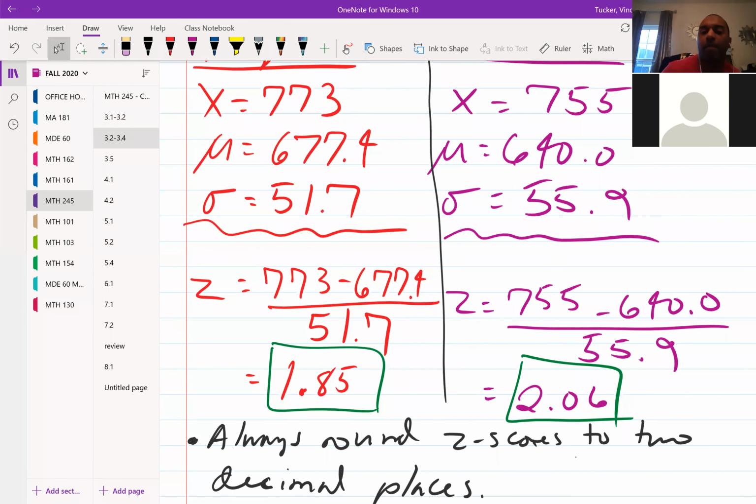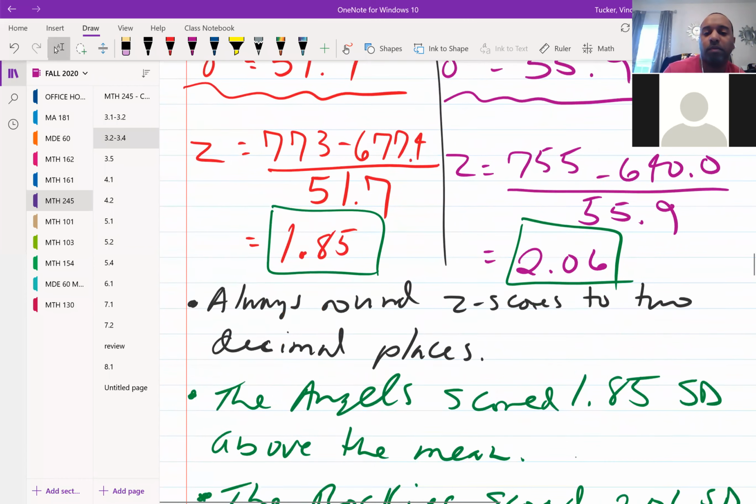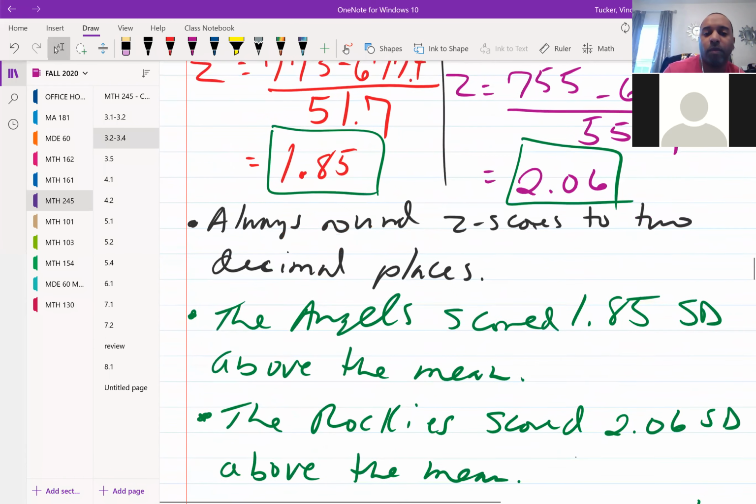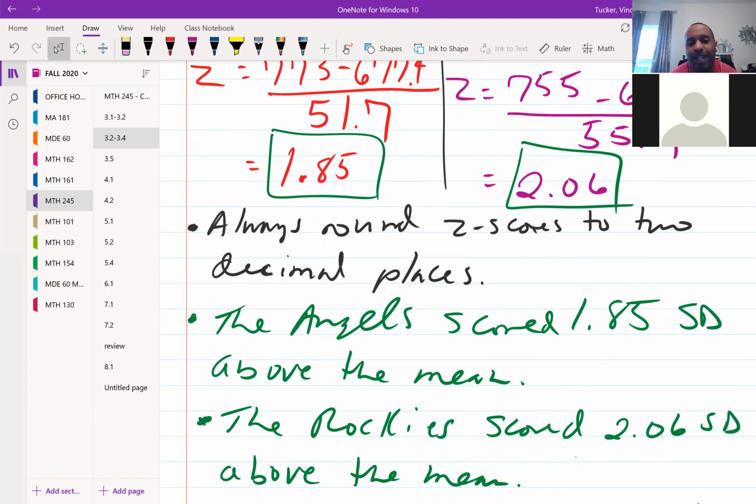All right. So what does that mean for us? So this means the Angels scored 1.85 standard deviations above the mean, and the Rockies scored 2.06 standard deviations above the mean. So, doing your z-scores, what it does is it takes your data value, in this case, your run score, and compares it to the mean.